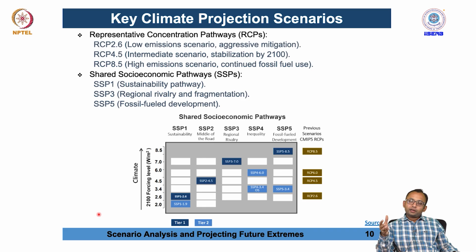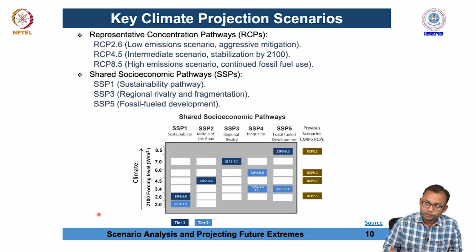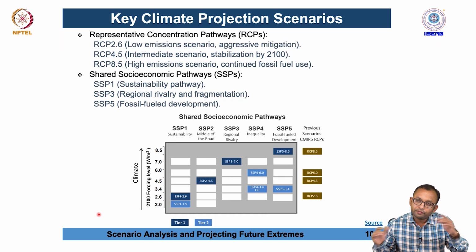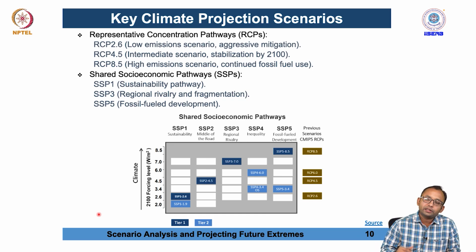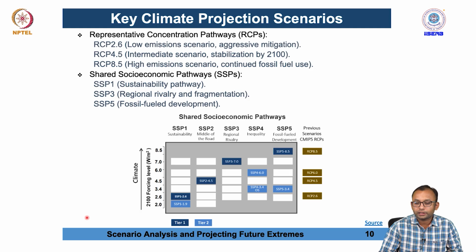What would happen to the magnitude of your climate extremes? What would happen to the probability of occurrence of these climate extremes? Then we can understand the scenario assessment, how we can develop different scenarios, and based on them look at how the magnitude, probabilities and frequencies change when we change these different magnitudes.